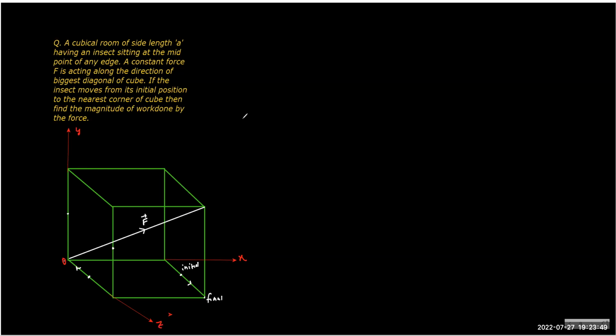So first of all, how to write the force vector, if you remember? Because all sides have the same length, we can write the F vector as F times (a i plus j plus k) upon root 3 a. So the F vector must be equal to F into (i plus j plus k) upon root 3.